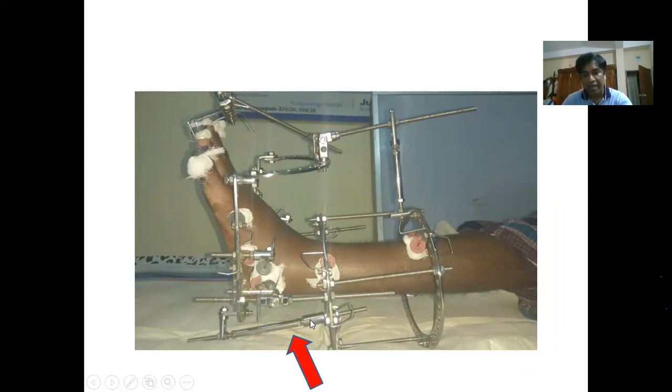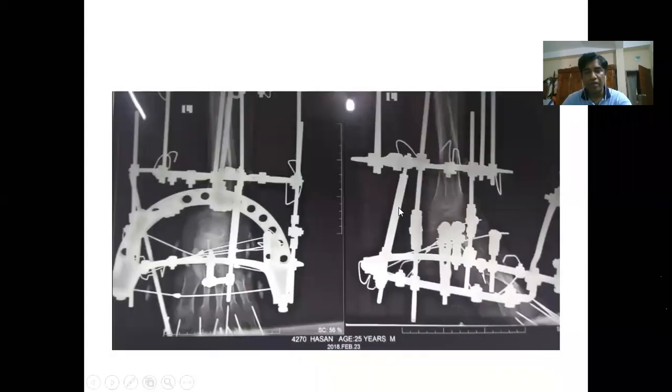So I make it stronger by putting a sleeve, like a telescoping rod. This direction of the distraction rod is still posteriorly directed, and you have to take serial X-rays so that you can prevent the subluxation.